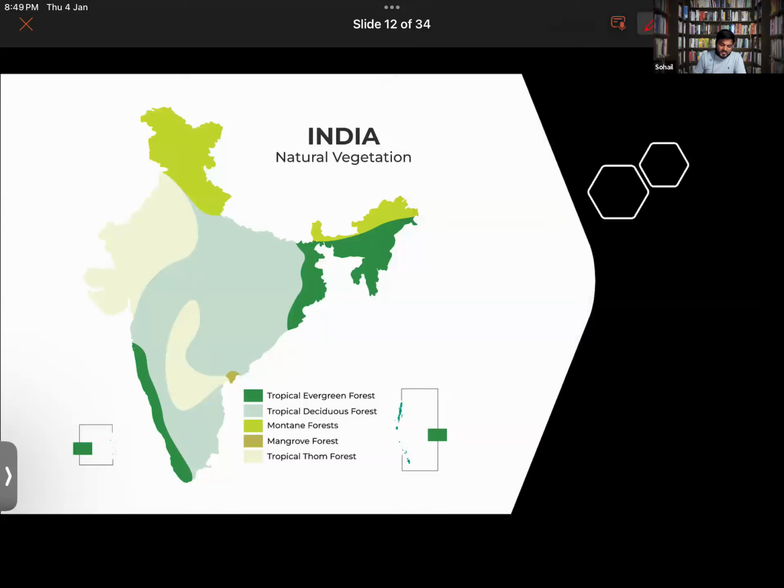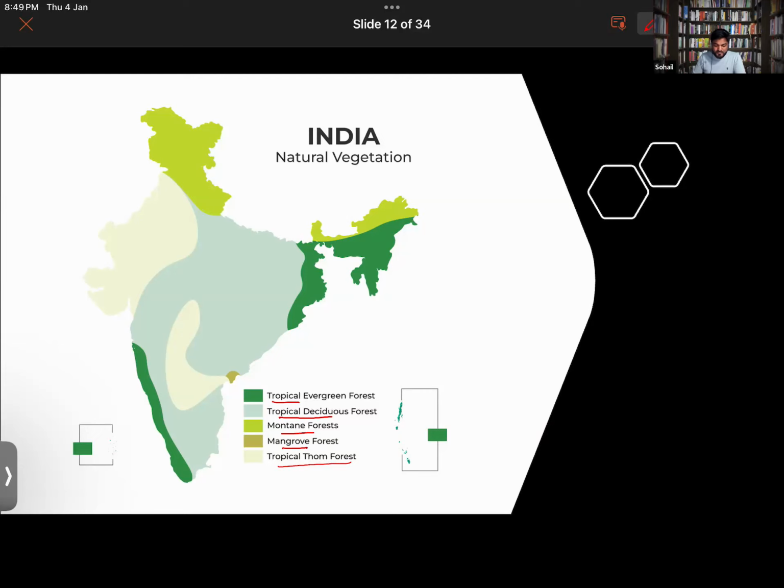But just know this is the distribution of the forest: tropical evergreen forest, tropical deciduous forest, montane forest, mangrove forest, and tropical thorn forest. What are these types of forests and what is the difference between them? We will be covering that in a later part of the class.